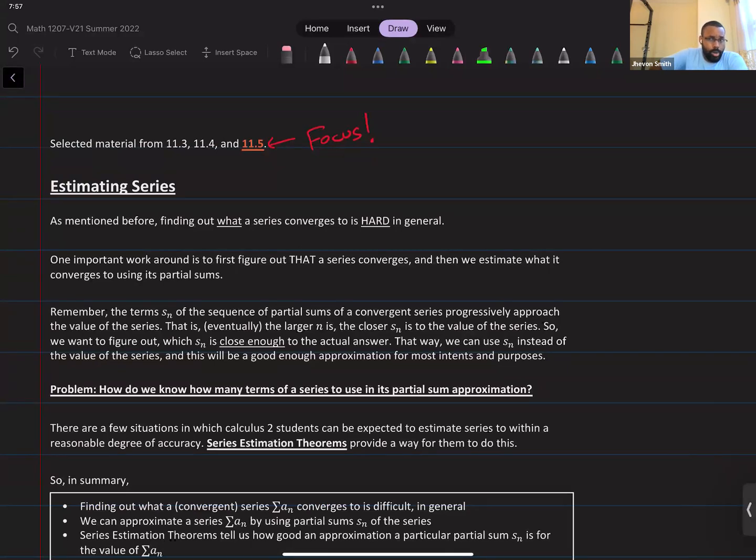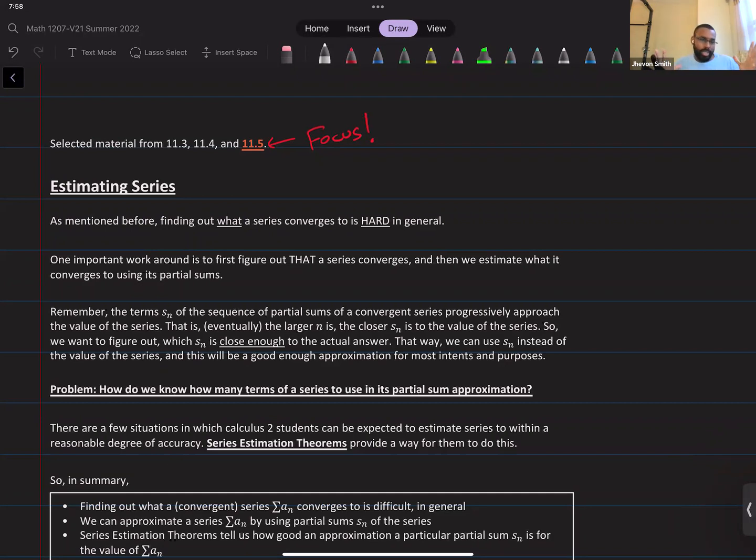That's what I want to talk to you about in this section. We'll ignore all the other things. I left them in the notes for completeness, but I won't test you on them.